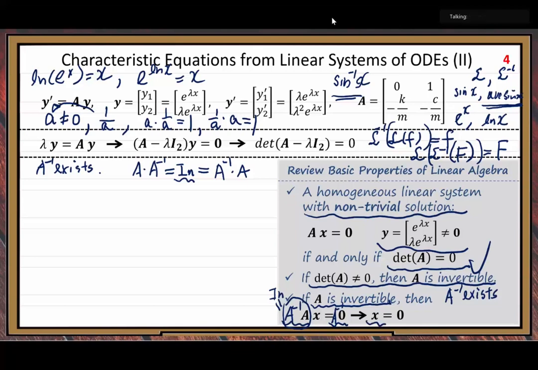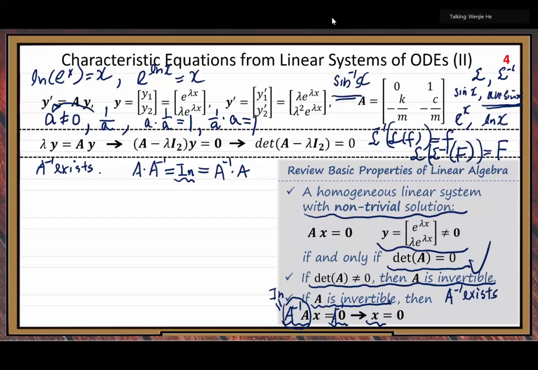So this simple result tells you if your A matrix is invertible, and you have a linear system A times vector X equals 0, then this linear system only has the trivial solution, X equals 0. That means this linear system does not have a non-trivial solution. You cannot find one.